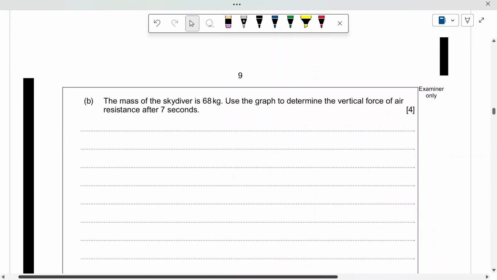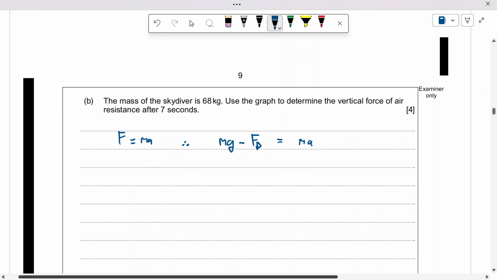The mass of the skydiver is 68 kilograms. Use the graph to determine the vertical force of air resistance after 7 seconds. So what we need to think about here is resultant force is mass times acceleration. Therefore, the resultant force on this skydiver, mg minus the drag force, equals mass times acceleration.